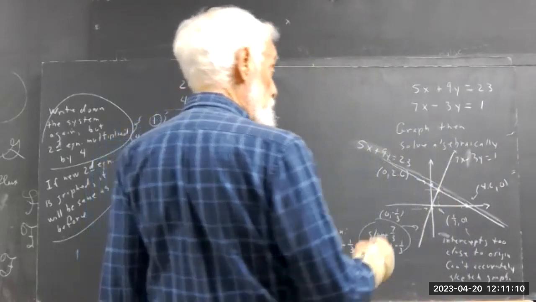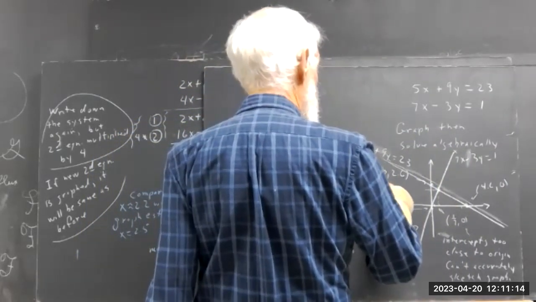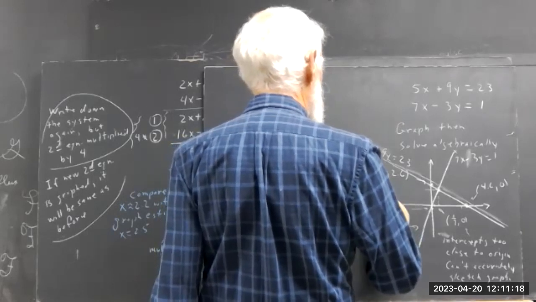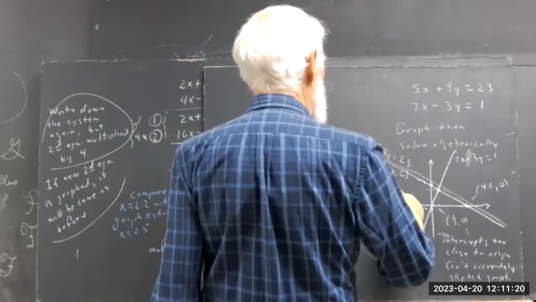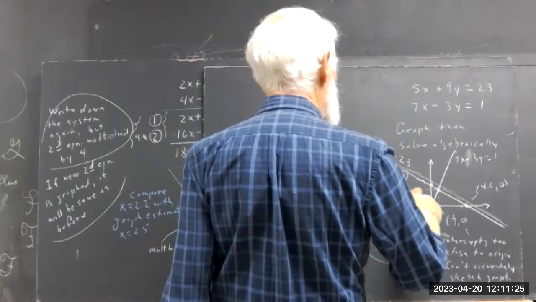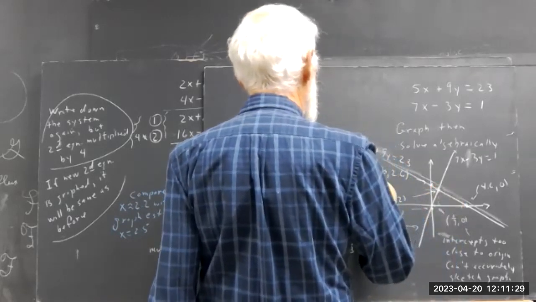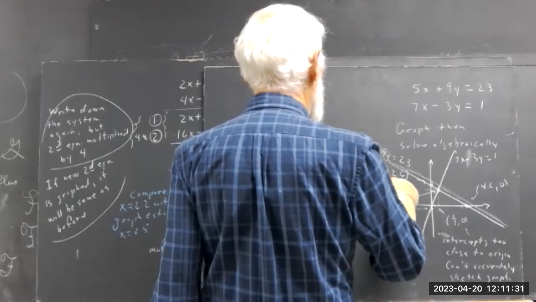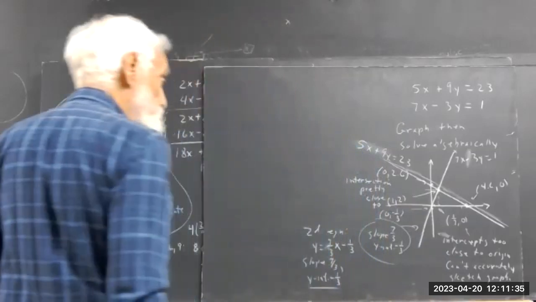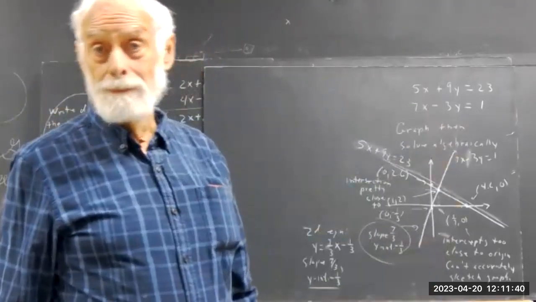So reasonable estimate: intersection pretty close to the point 1, 2. Turns out if you plug those in, that's right.